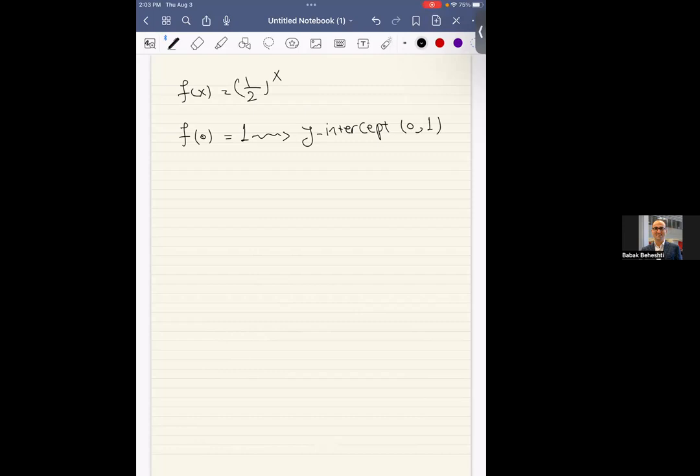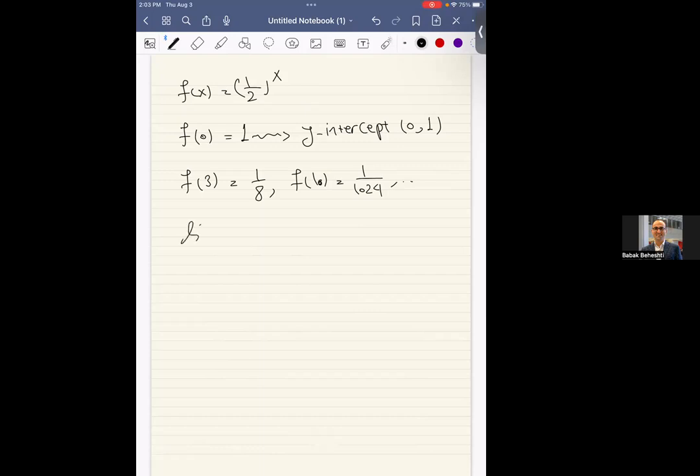But if you have a positive exponent here, like f of 3, for example, is 1 over 8. f of 10 is 1 over 1024, and so forth. So you see, for positive numbers, when x is a big number, then f of x approaches 0.